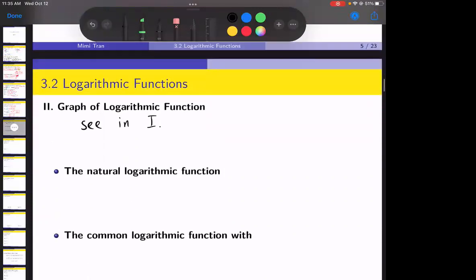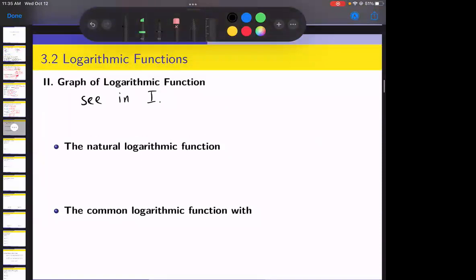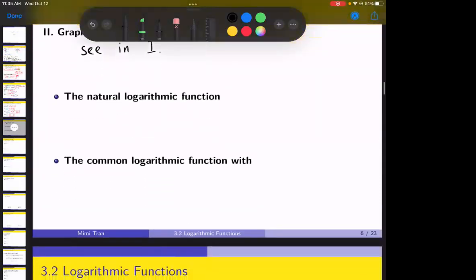Almost done. Let's finish this and then we call it a day. So natural log. Oh, let's do the common log first. The common log is log base 10. So the common log is equivalent to log base 10.